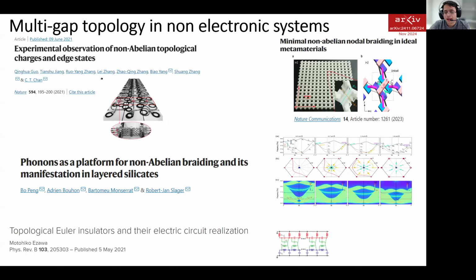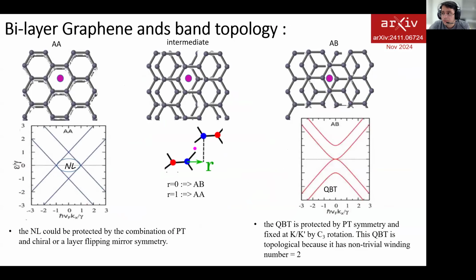Many papers try to propose systems to realize such a phenomenon, including metamaterials, artificial lattices, and even phonon systems and circuit realizations. But a clear material is yet to be discovered.